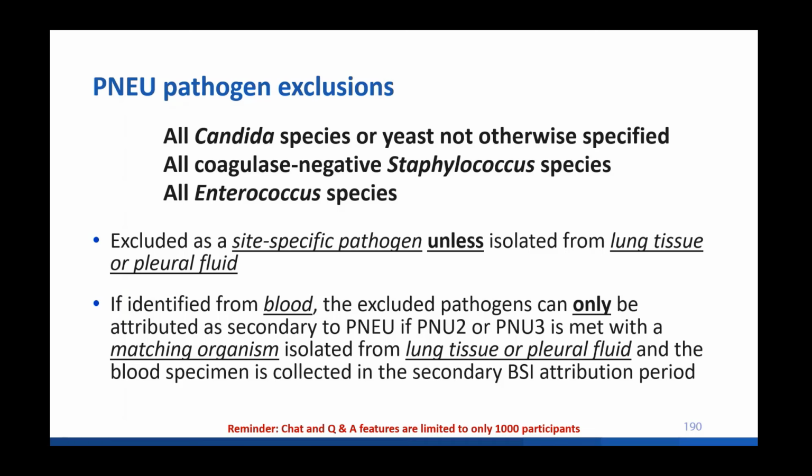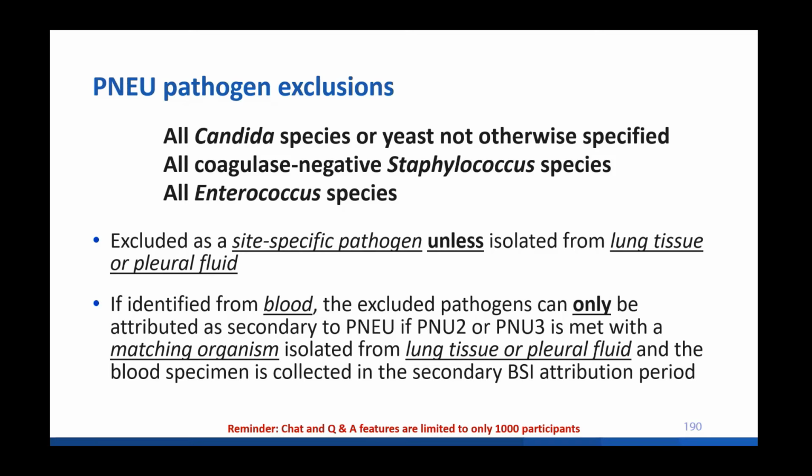The first step when evaluating laboratory test results is to determine if the identified pathogen is eligible for use in meeting pneumonia. For the pneumonia definition, all Candida species or yeast not otherwise specified, all coagulase negative Staphylococcus species, and all Enterococcus species are excluded as pathogens unless identified from lung tissue or pleural fluid.